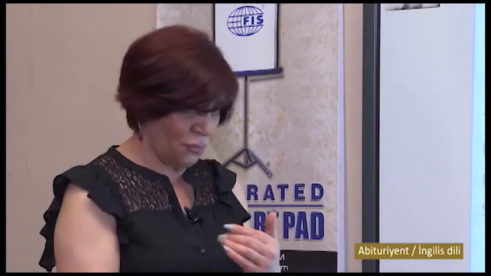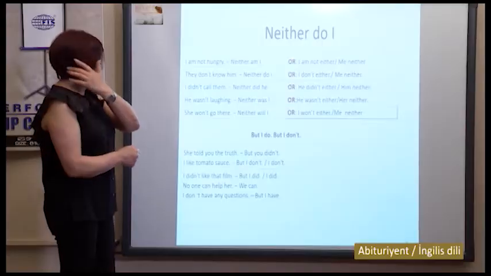It means that this someone doesn't like tomato sauce. But if someone says, I don't like tomato sauce, but it is your favorite sauce, you say, but I like, because the first sentence is negative. It means that its meaning is negative.